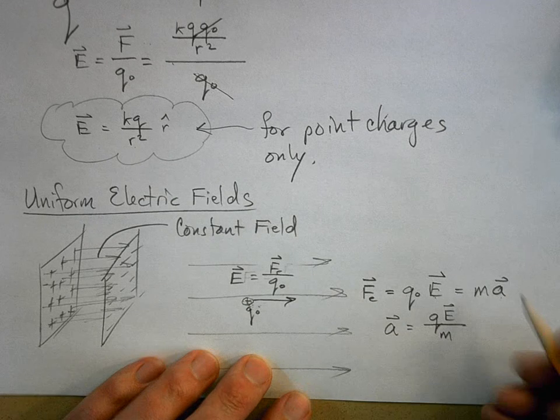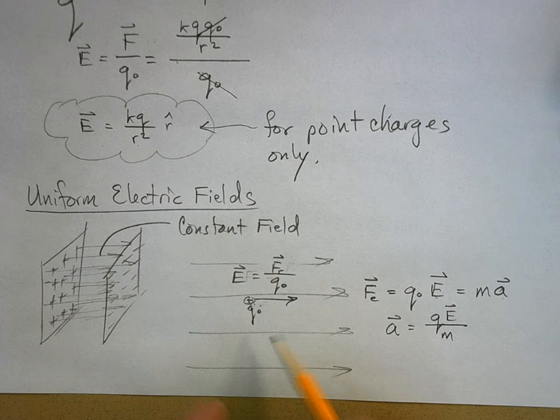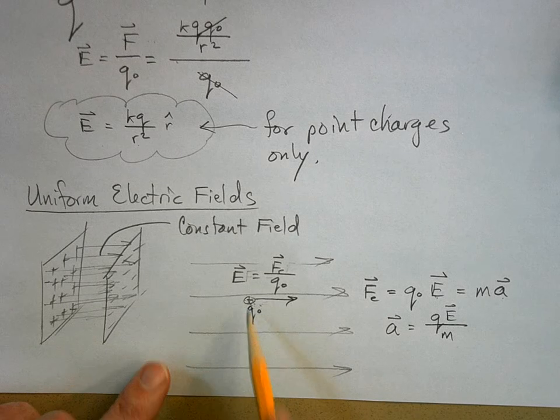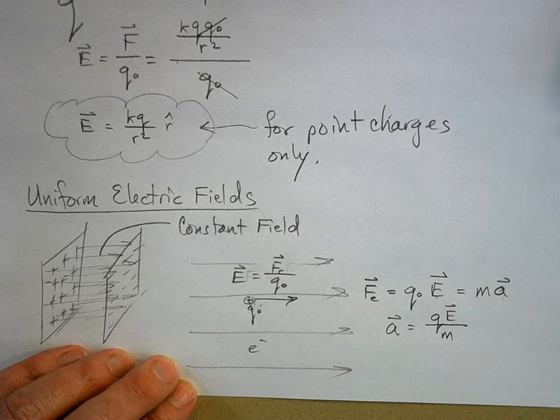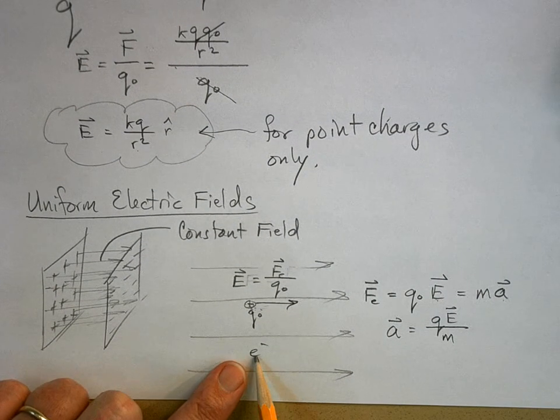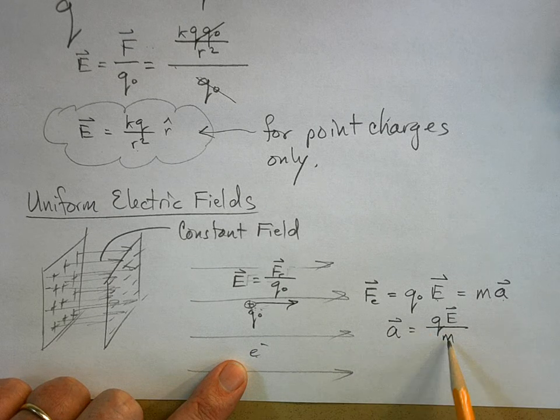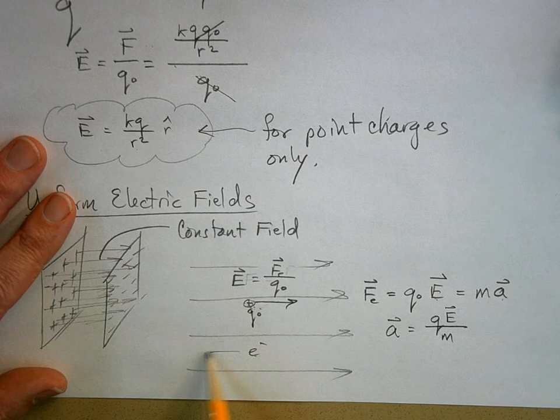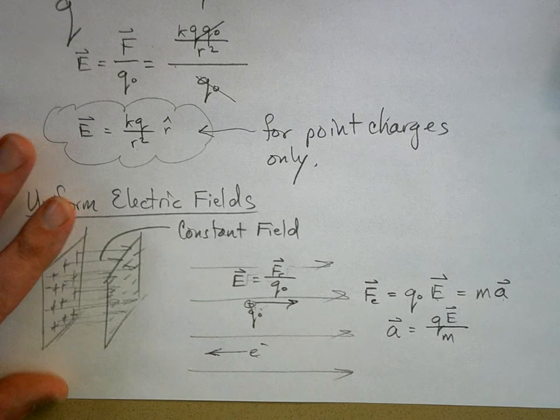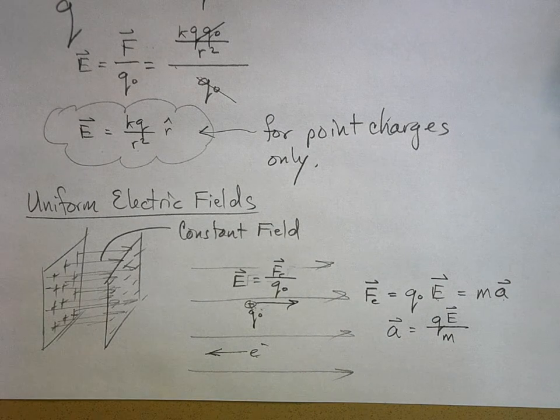Now, what if I put a charge in here that's like an electron? Well, it has a negative charge. So when I put a negative in there, that just means that the force on it is going to be in the opposite direction.